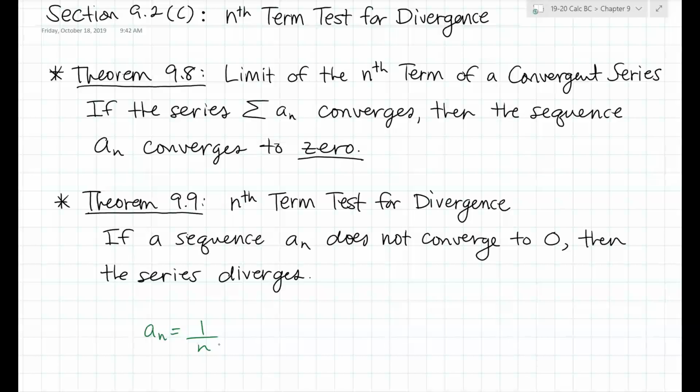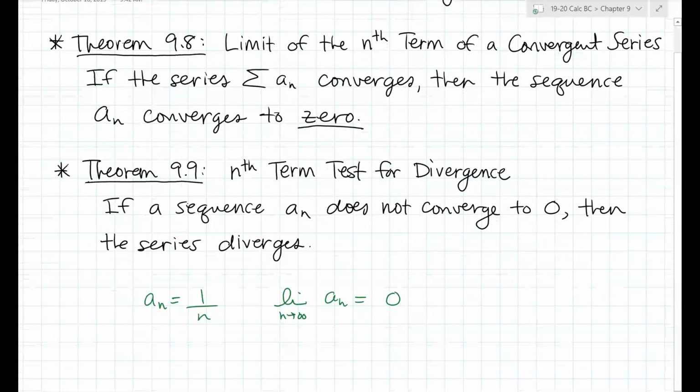If I take the limit as n approaches infinity of a sub n, that would be 0, right? But I can guarantee you that if this converges to 0, the sum of this diverges.